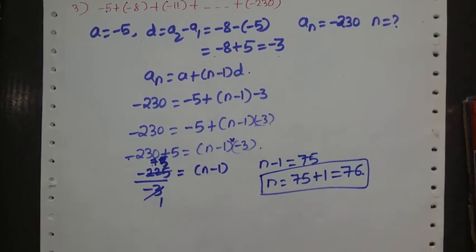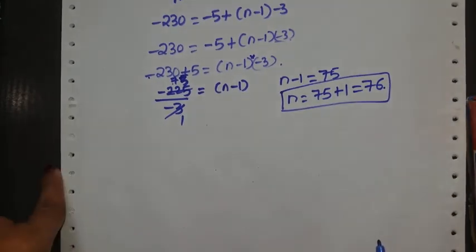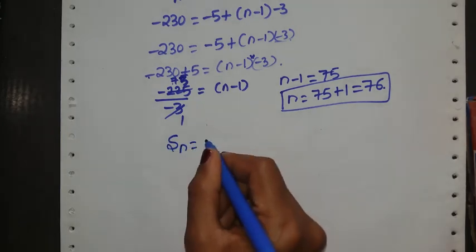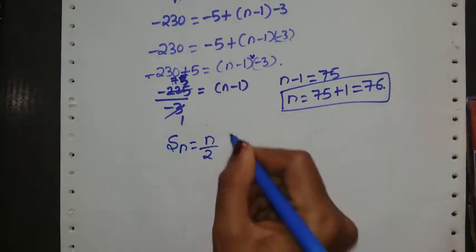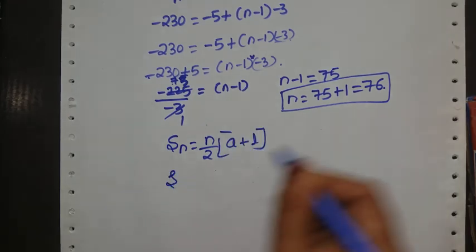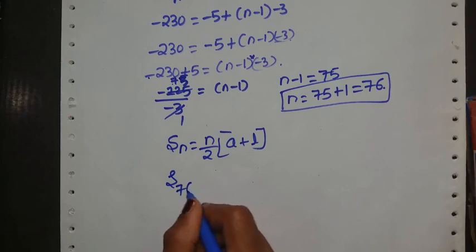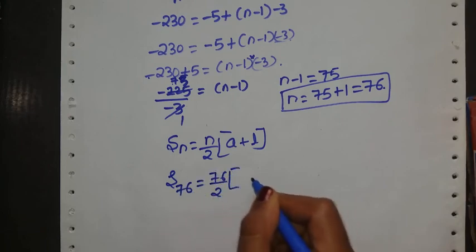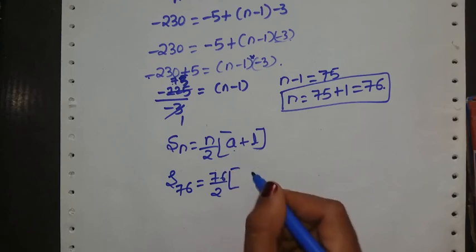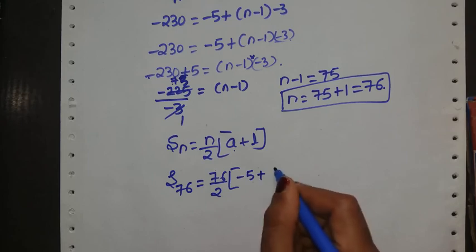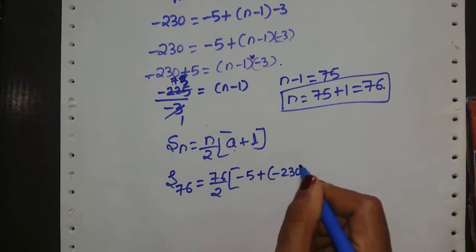Then we need to find out Sn. So we know the formula, we need to take last term here, that is n by 2 into bracket of a plus of l. Yes, number of terms are 76, equals to 76 divided by 2 into a plus l. Yes, a here minus 5 plus l is minus 230.